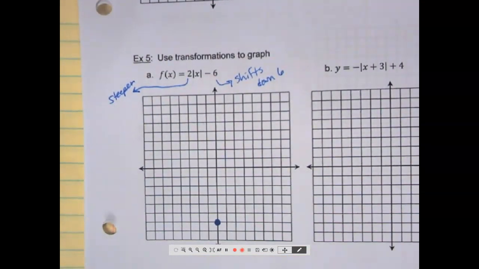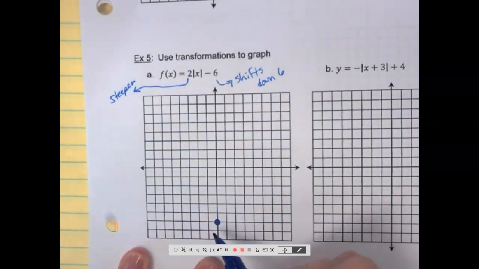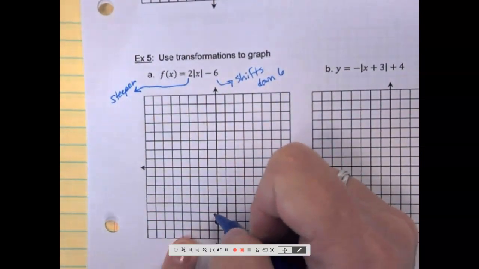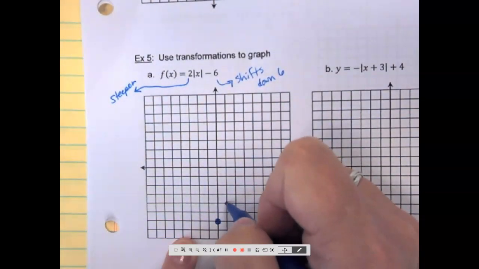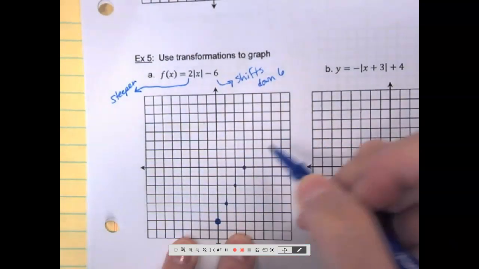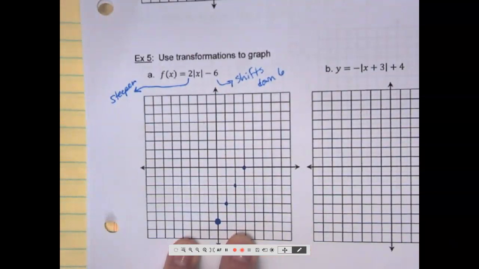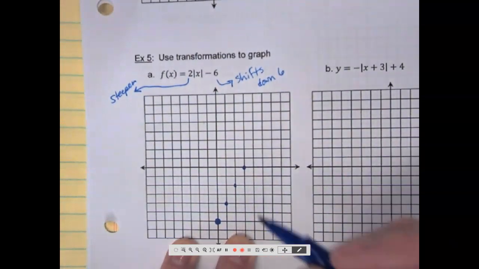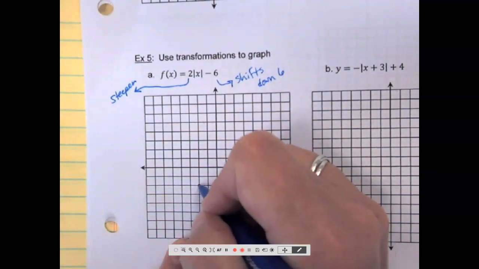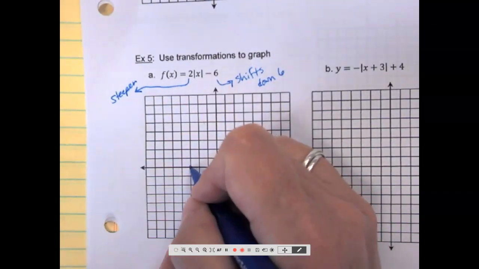Okay, and for the steepness, I'm just going to use a slope of 2 and a slope of -2. So from the point of my V, for the right-hand side, I'm going to go up 2, right 1, up 2, right 1. And for the left-hand side, I need a negative slope, so I will go up 2, left 1, up 2, left 1.